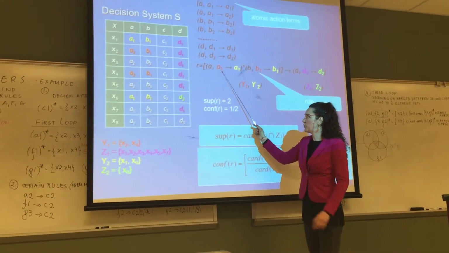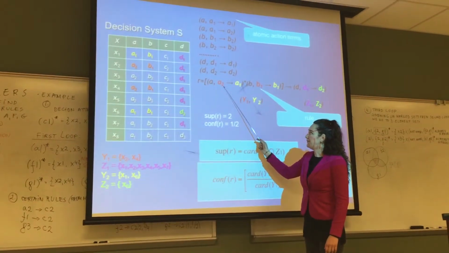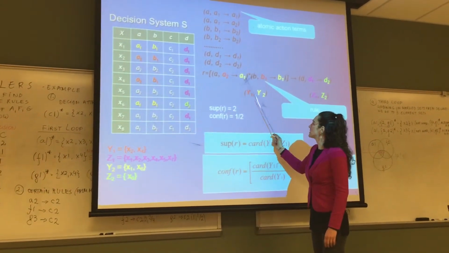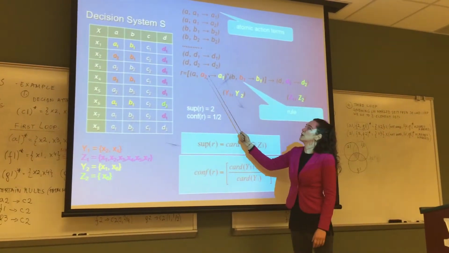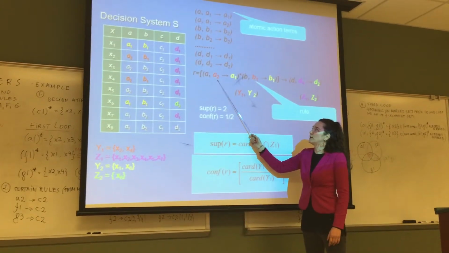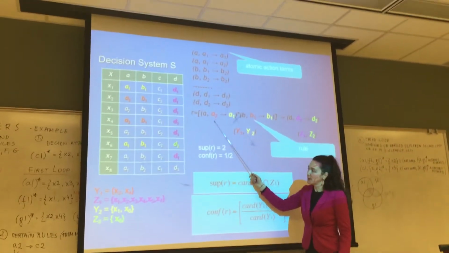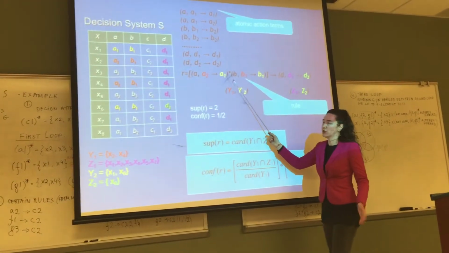So this is the current value. The yellow ones are the values that we want to change to. So we wanted to change from A2 to A1. Currently, the value is equal to A2. These are the red ones. So eventually it will be equal to A1 if we manage to change it.